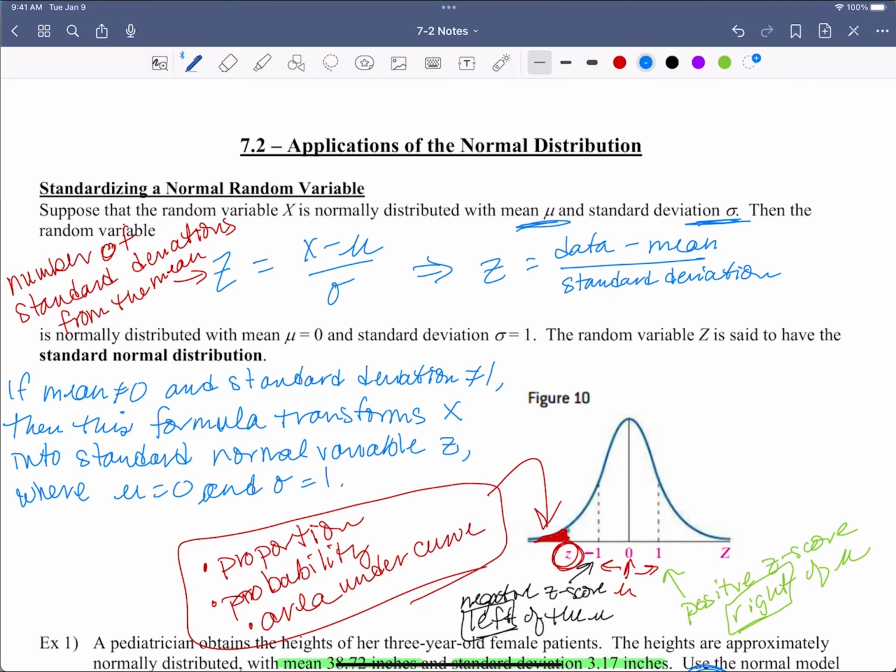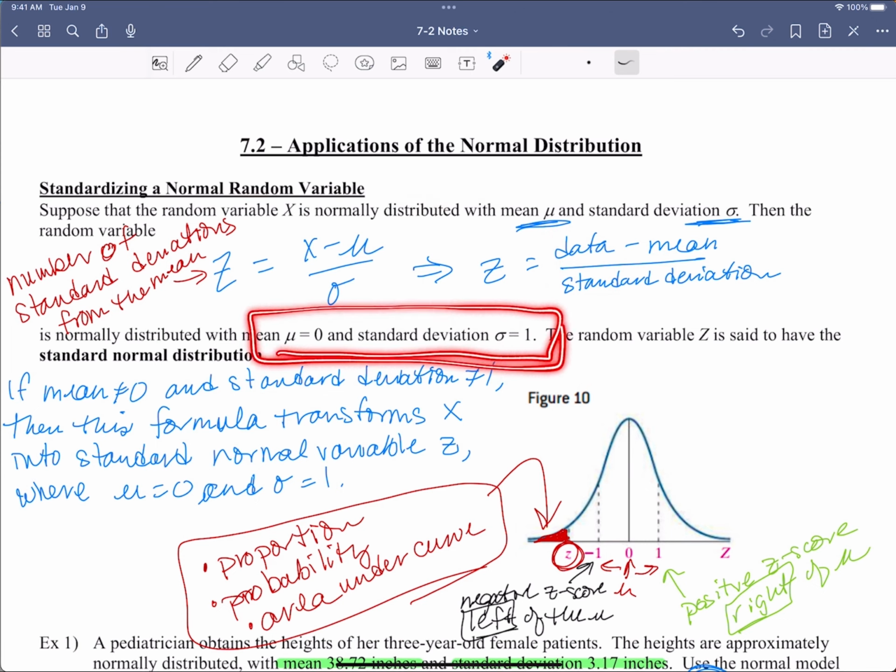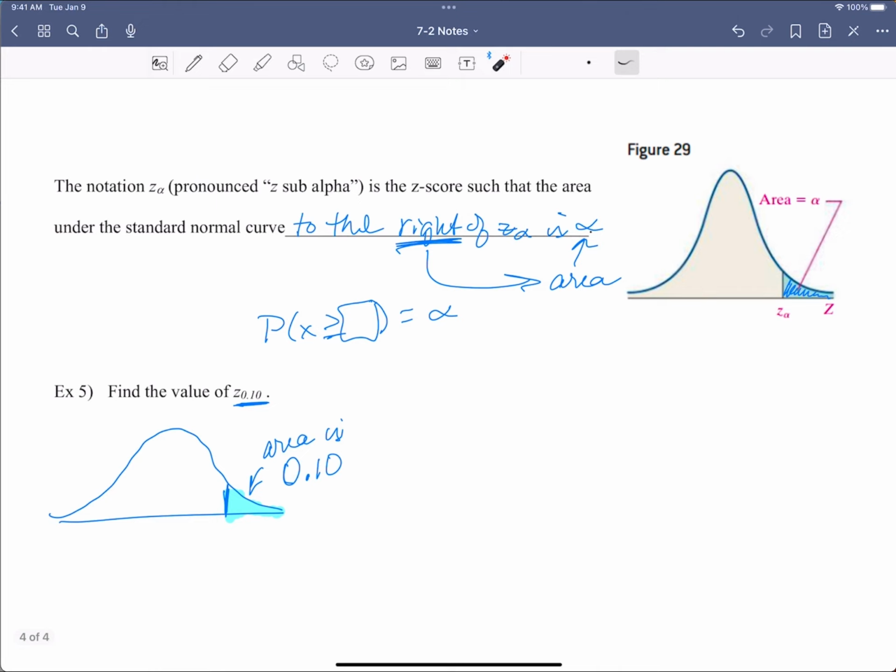The very beginning of this section. We take data that we've done before and we normalize it to be a regular z. When we have a regular z-score that is normalized and ready to go, our mean is 0 and our standard deviation is 1. So let's flip back here. This is just a normal z-score.